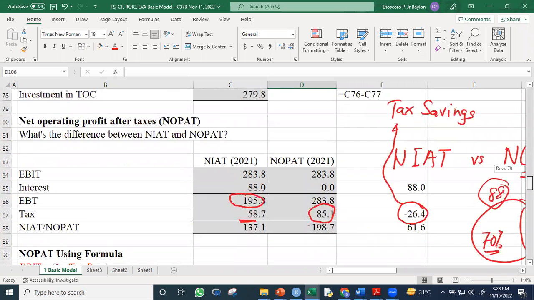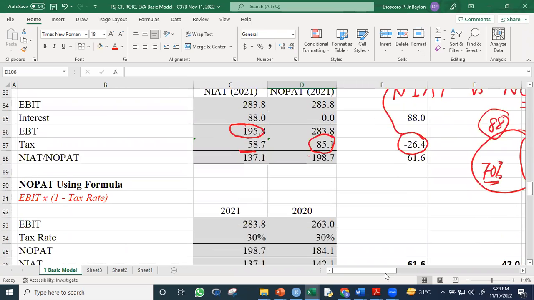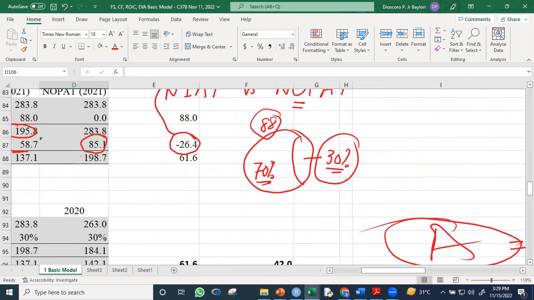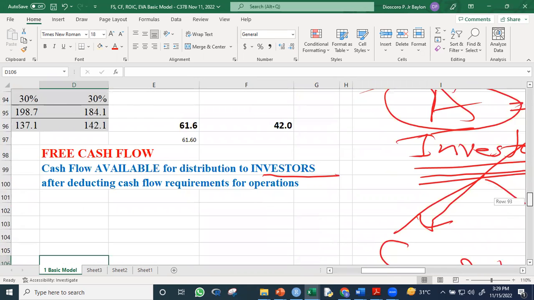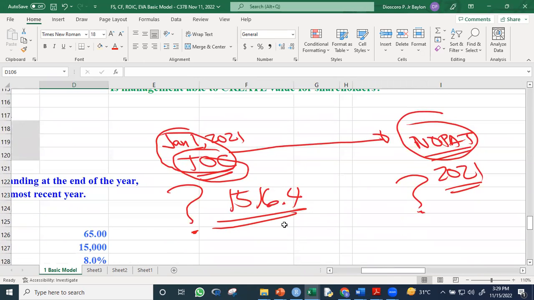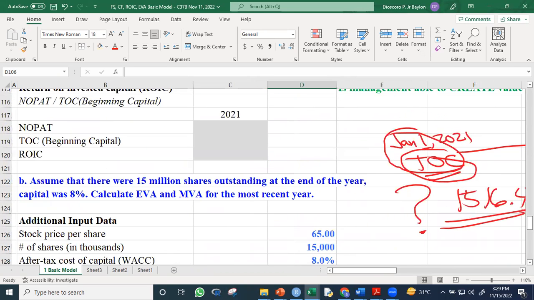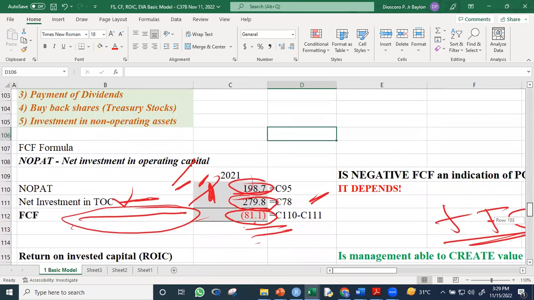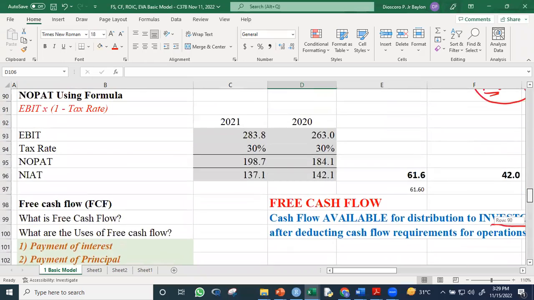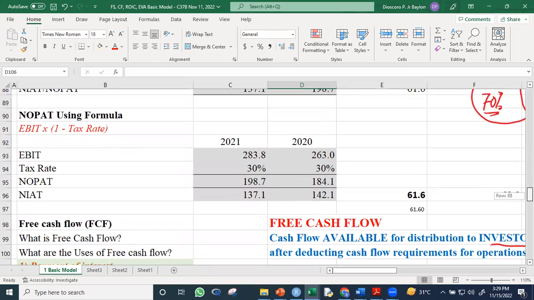Syempre magsisimula tayo sa January 1 kasi titingnan natin kung ano yung binigay sa company nung simula pa lang. They were given 1516.4, and then how much operating profit were they able to generate? Here you're correct. It's 198.7.